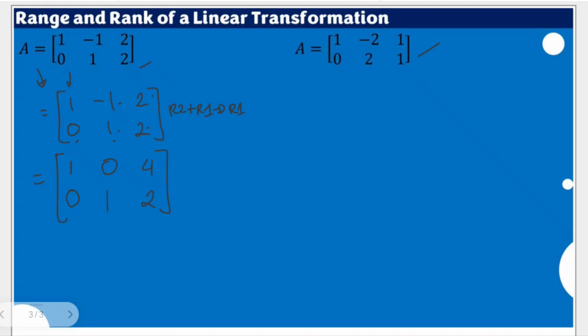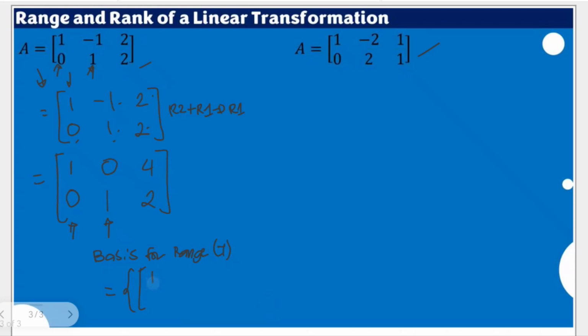From this, we could see that column 1 and column 2 contain leading ones, and these are actually pivot columns because these are your pivot positions, the positions assigned by your leading ones. In short, on our original matrix, the corresponding columns here and here comprise the column space, being the basis of the range of T. So the basis for the range of T comprises the columns with the leading one on our initial matrix.